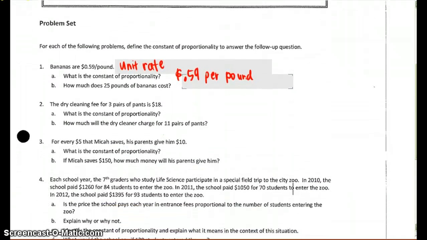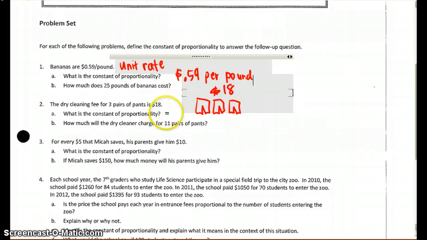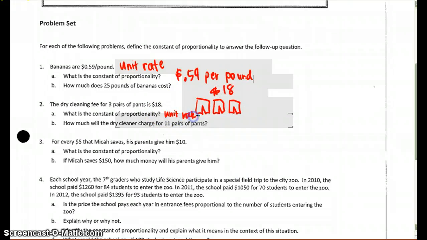Let's do number 2A. In 2A, we're looking for the constant of proportionality. For 3 pairs of pants, it's going to cost us $18. We're basically answering the question, and this could be asked like, what is the unit rate? We could also ask, what is the price per 1 pair of pants?